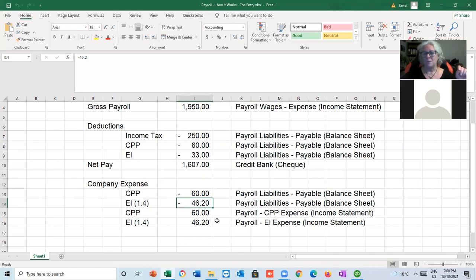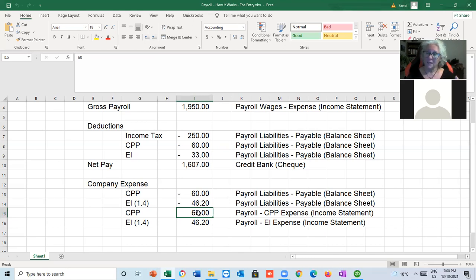And so our obligation is $46.20 off of that employee, and it goes to the payroll liability. But in order to reconcile these 2 extra entries, we expense this. So we expense the extra CPP and we expense the extra EI. So that's why we will have EI company expense and CPP company expense, because that's an expense to the company.